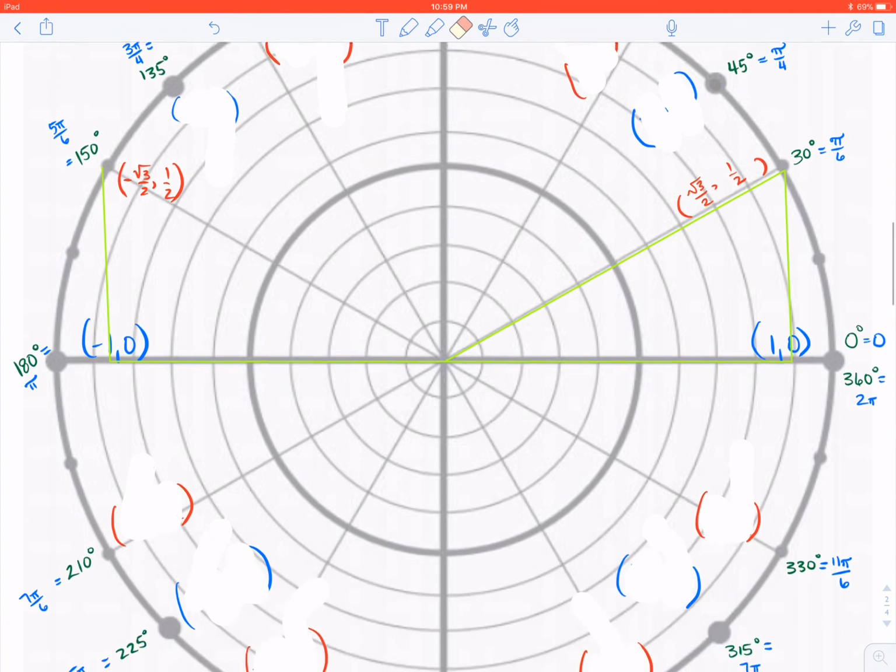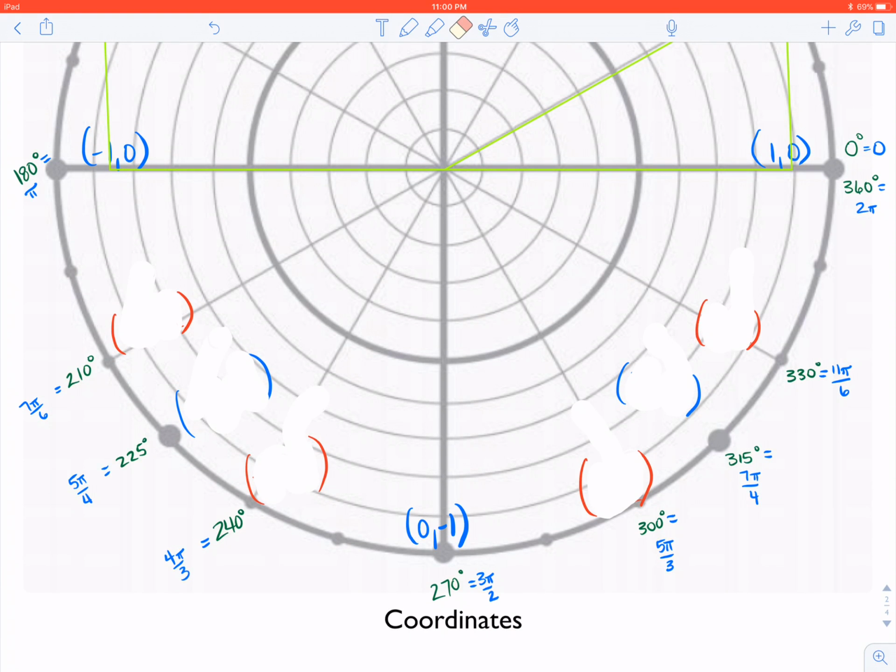Let's go to the third quadrant where I have another pi over 6 position. This is going to occur at the 7 pi over 6 position. Once again, I have to the left a long value, so that's going to be a negative √3 over 2, and then going down a short value, so that's going to be a negative 1/2 because it's going down.